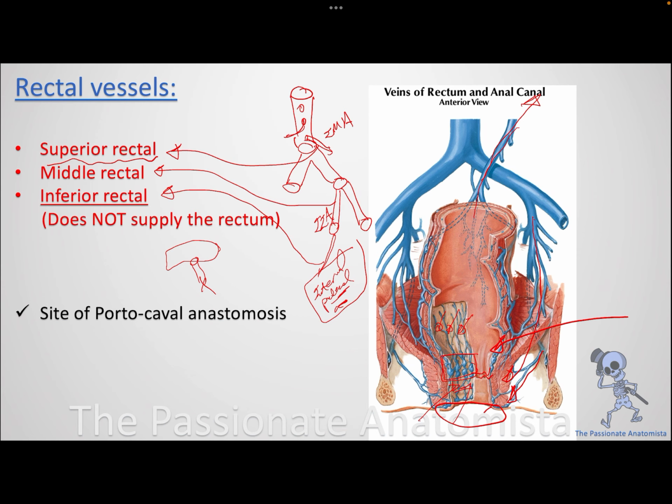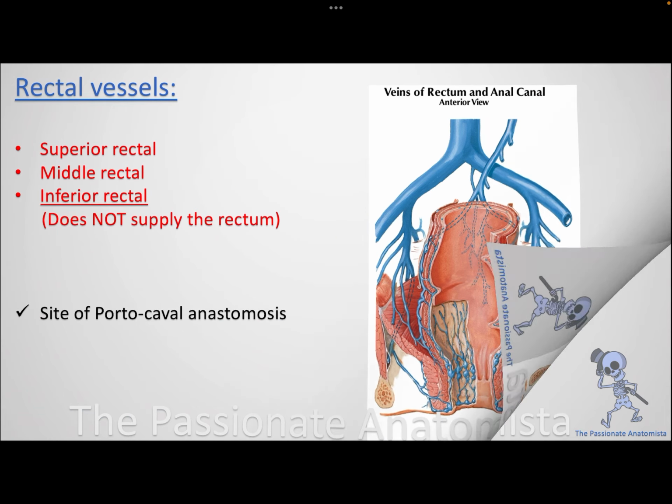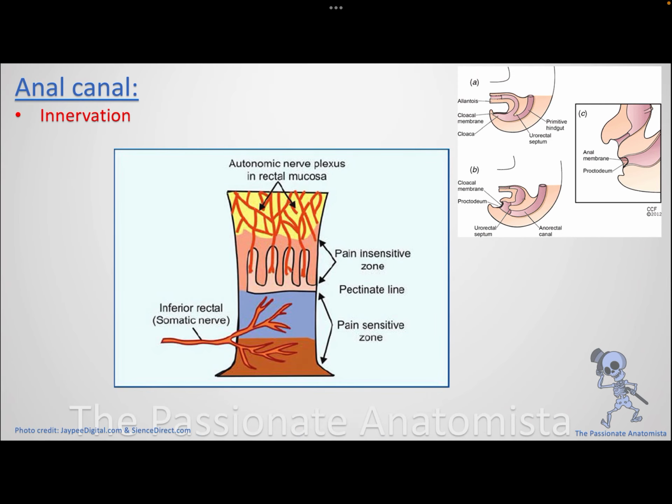So it will come back and that will form hemorrhoids. So this is a site of portocaval anastomosis, and that can end up as pathological hemorrhoids if there is liver disease or any other problem.